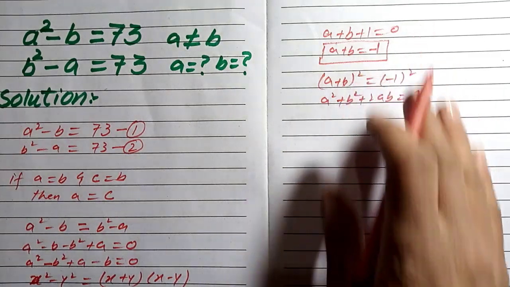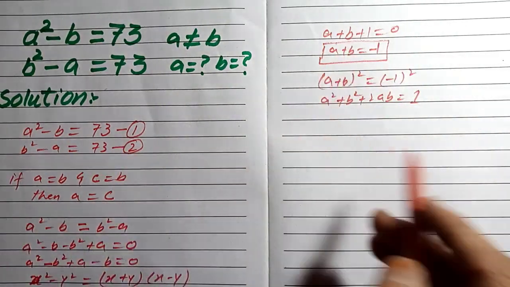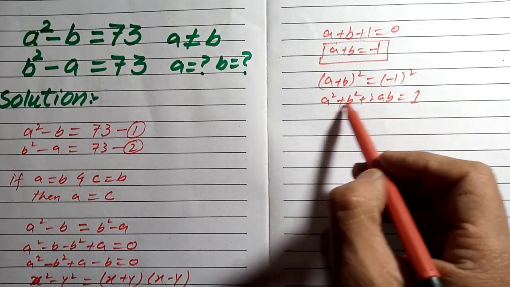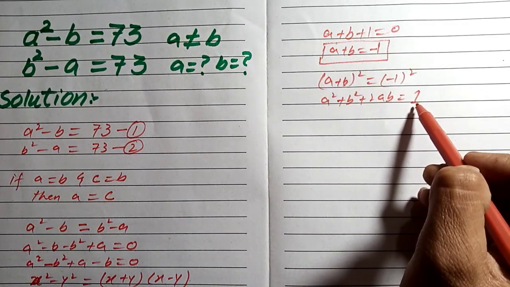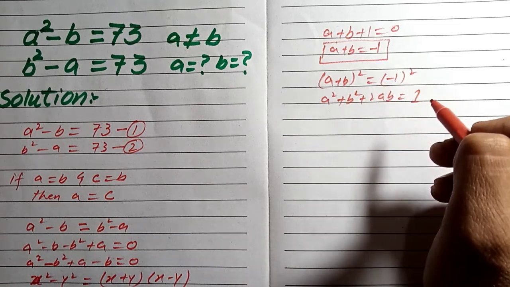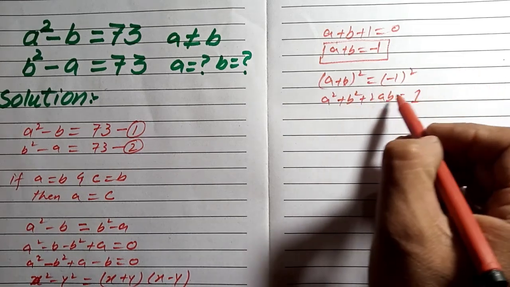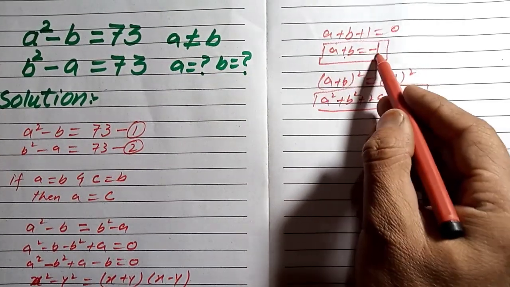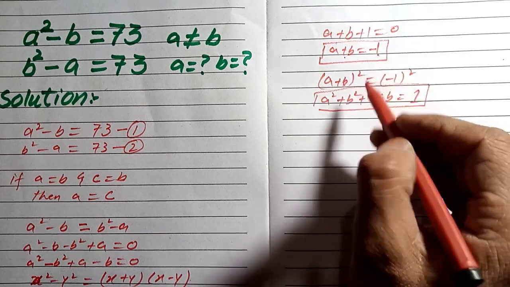So we can get the value of a square plus b square. We know that a square plus b square plus 2ab is equal to 1, and a plus b is equal to -1.